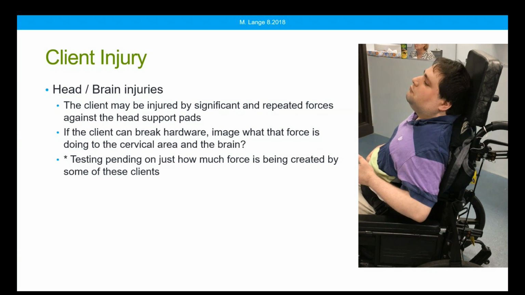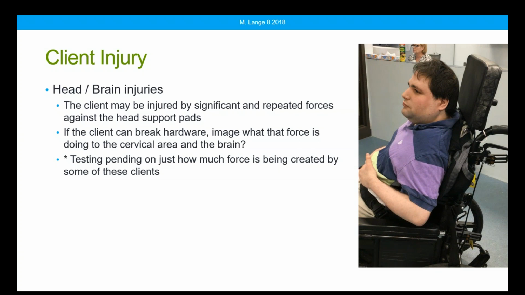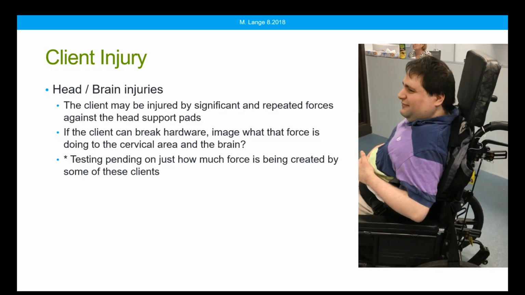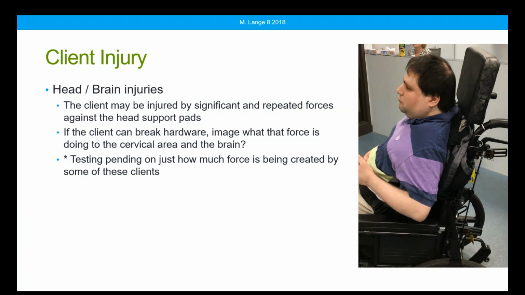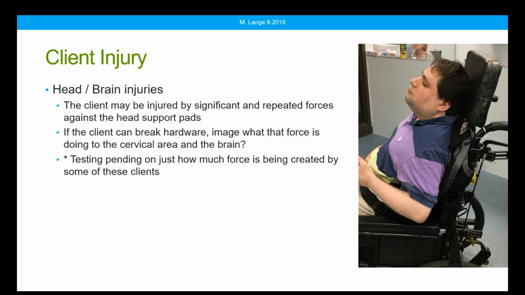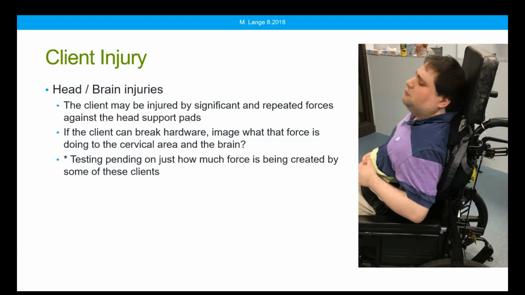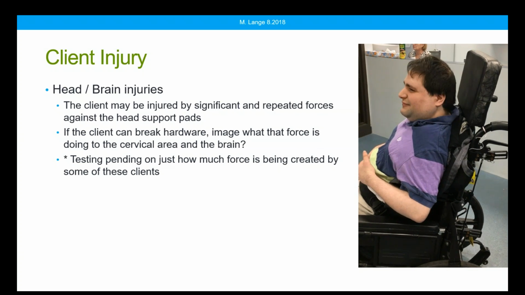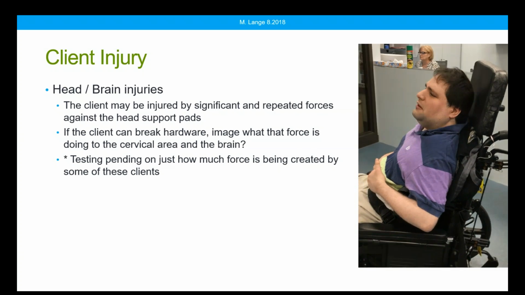If the client actually breaks something on there, and I have had lots and lots of clients break some of their head support hardware, imagine what that force is doing to the cervical area and the brain. If I sat in this chair that this gentleman is sitting in and tried my very best to hit my head against that support as hard as I could over and over and over, I don't think I have enough strength.